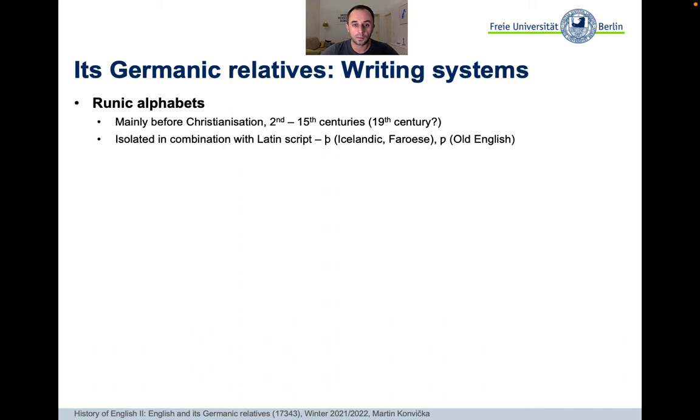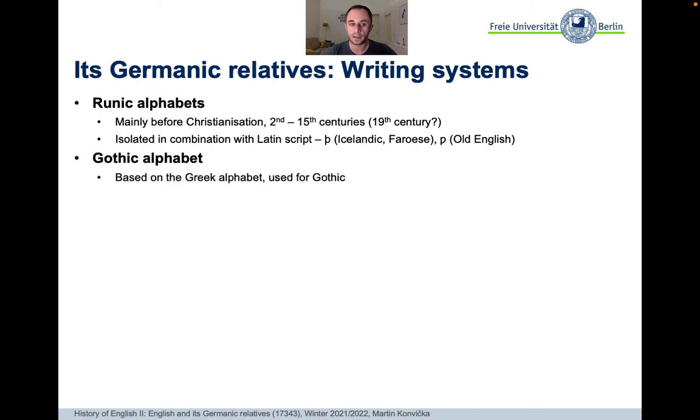And you also know this symbol from when we learned how to read Old English. And Old English, even after the Christianization, still used another rune, the so-called Wynn rune, to represent the sound now represented by the letter W.